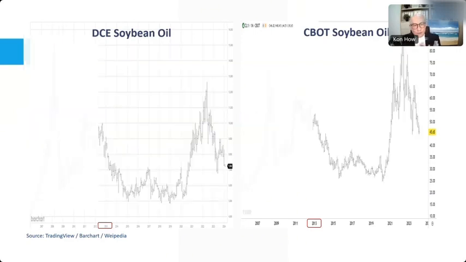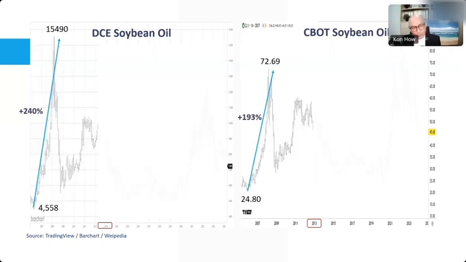Now, let's look into what happened in recent years. And I make an observation about 2013. Later on, I'm going to explain why there's this 2013 development. As time passed, you could see that somewhere around 2009, the DCE soybean oil and the CBOT soybean oil came into better alignment.